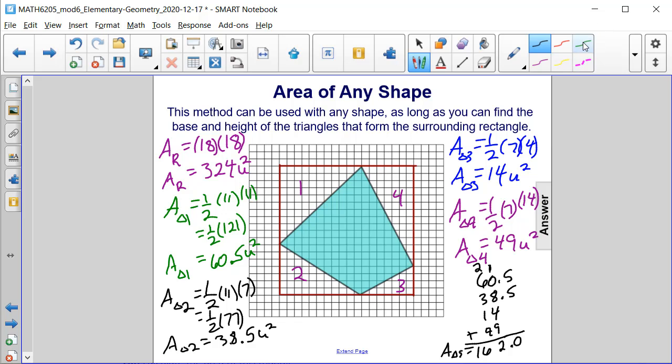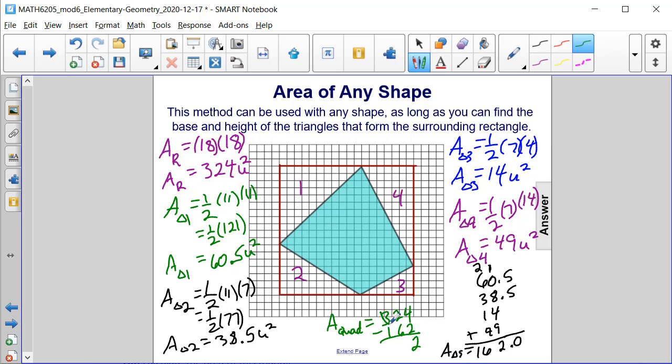So then if we take the area of all of the triangles and subtract it from the area of the rectangle, the area of the remaining quadrilateral is 324 minus 162, and that's going to give us 2 in the ones column.